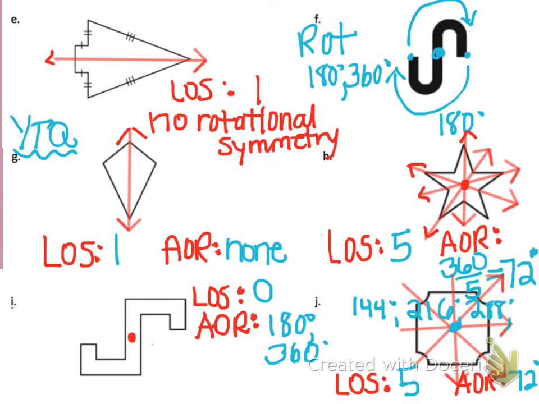And then finally 360 back to the beginning. So 5 lines of symmetry, and the angles every 72 degrees up to 360 degrees.